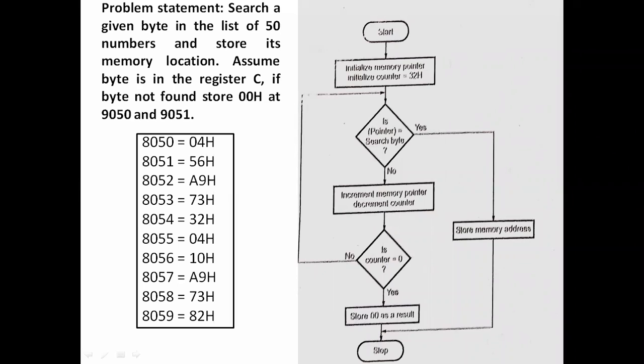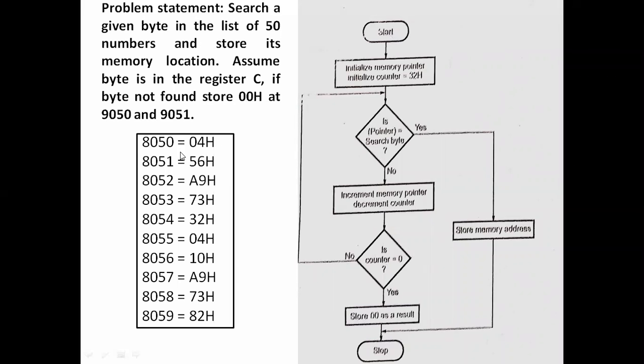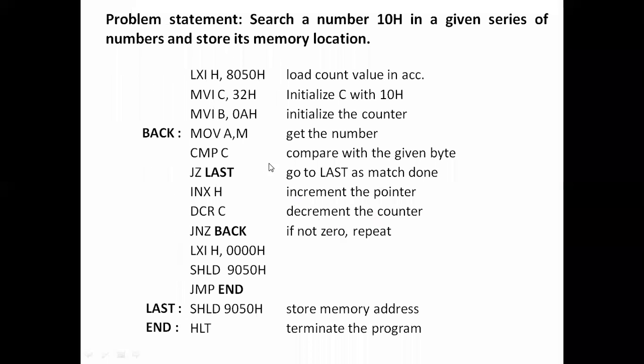So how will the program function? We are in search of 10 in the given list of 50 numbers, and then how does it work? So first of all, we have to load the count value in the accumulator. No, it's not the count value. It is initializing the memory pointer.